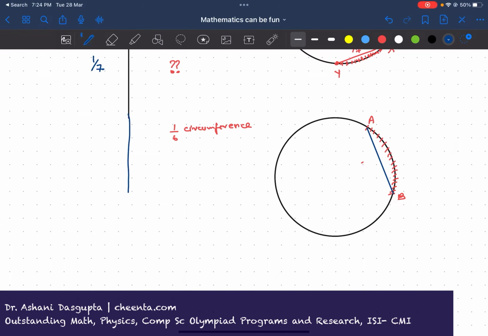So the chord length is 1. This is a property of the circle. Of course, I remind you, it's happening in a unit circle.